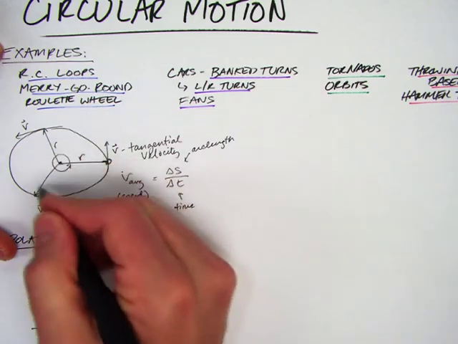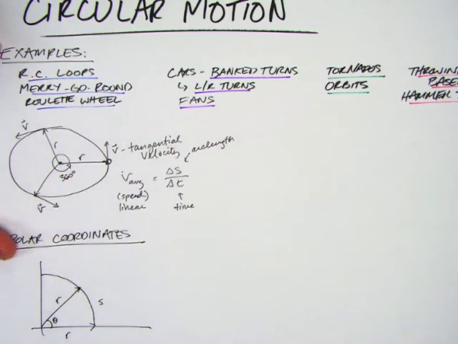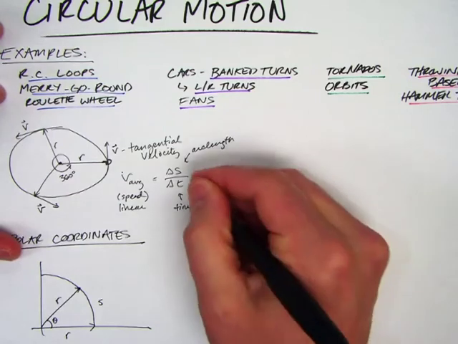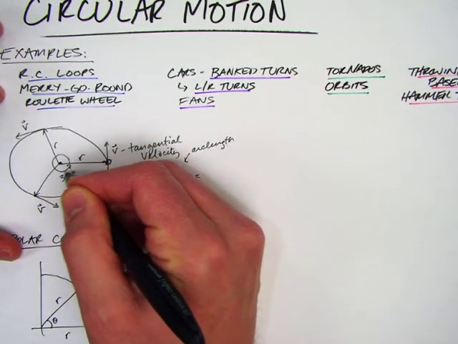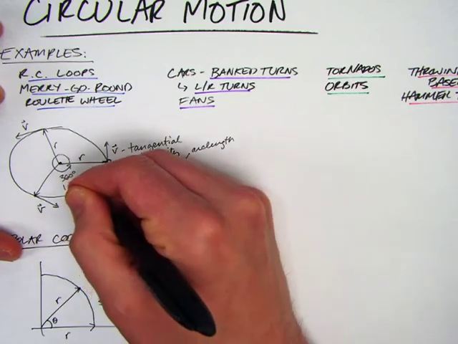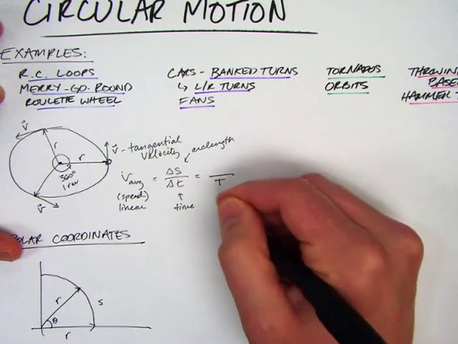But if we look at a full rotation, a 360-degree rotation, we can use some properties of circles that we know already to come up with this formula in a specific manner. That is, if I know the period of rotation, so the time for one full revolution, or 360 degrees of revolution, we call that capital T, the period.